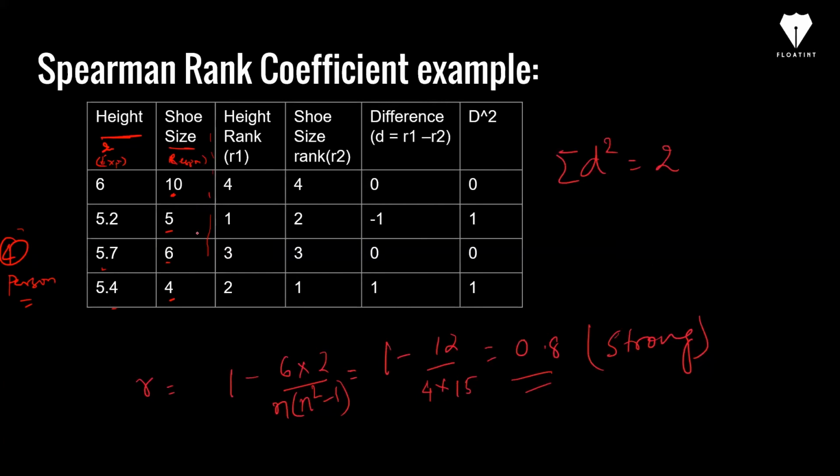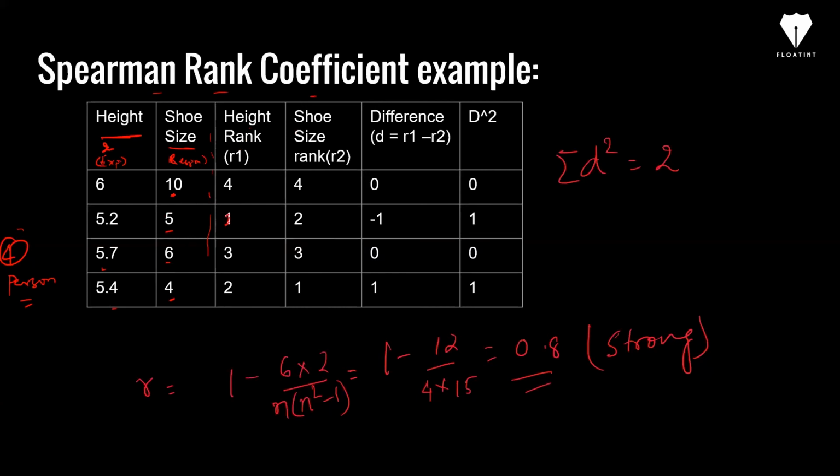Now, how can we calculate the Spearman rank coefficient? For that, the first step is to calculate the rank of height. Rank means you have to give a rank. Just think about adding a new column here. In that, you give 5.2, the lowest, the first rank.